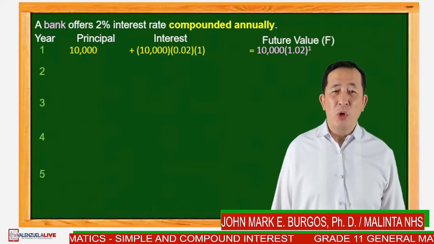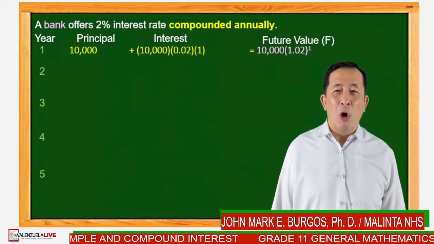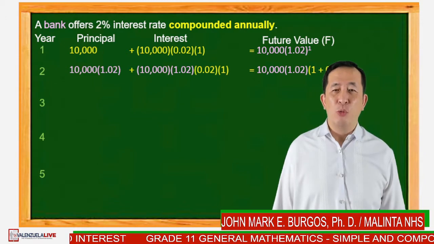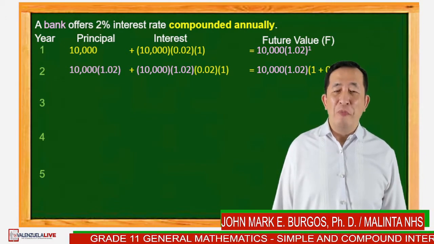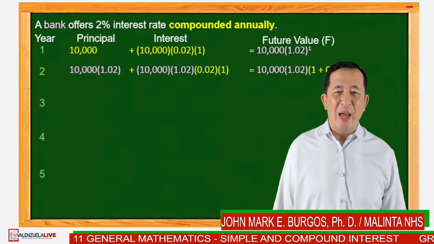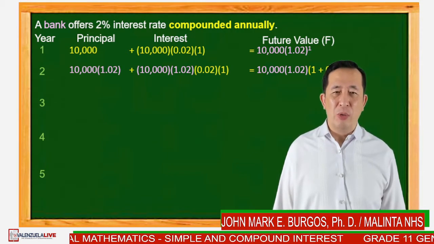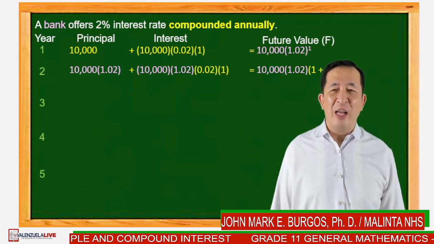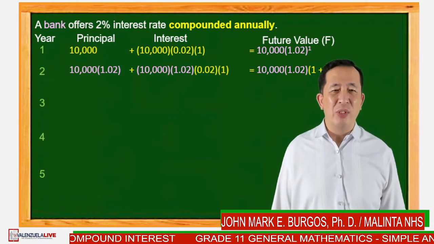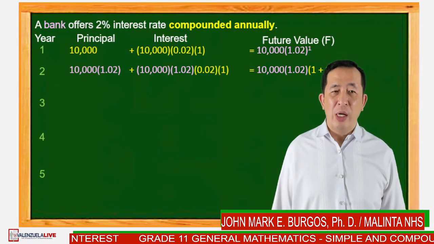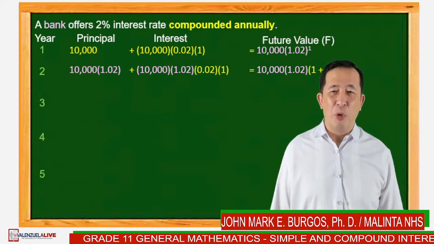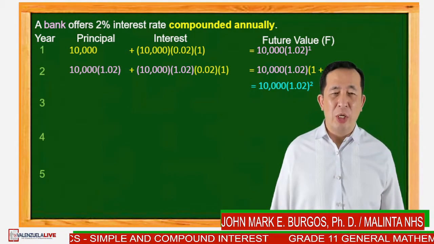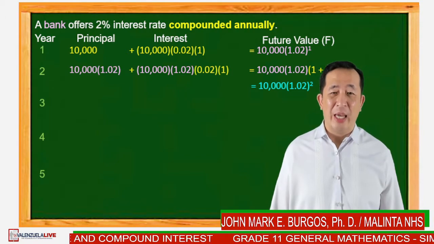On year 2, using the future value of year 1, we have the principal 10,000 times 1.02. And to compute for the interest, it will be 10,000 times 1.02 times 0.02 times 1. The future value for year 2 will be 10,000 times 1.02 times 1 plus 0.02, or 10,000 times 1.02 quantity raised to the second power.